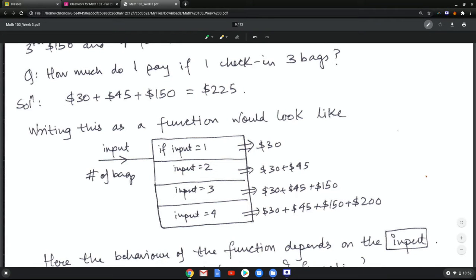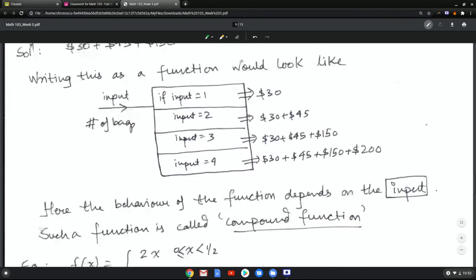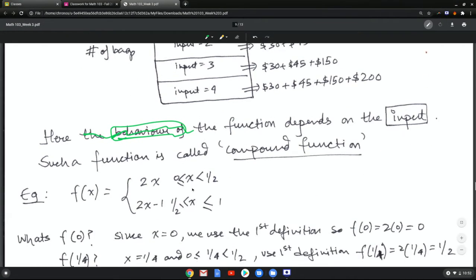If the input is 2, I add 45 to it, and so on. So what's happening here is the function itself depends on the input, right? Such a function is called a compound function.